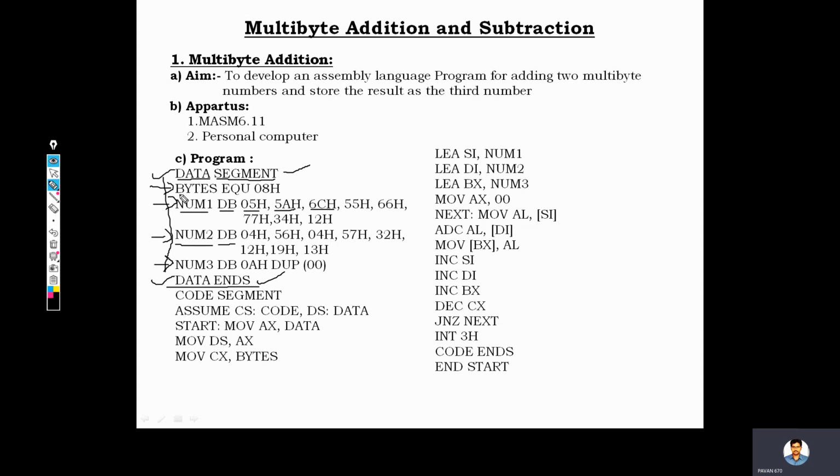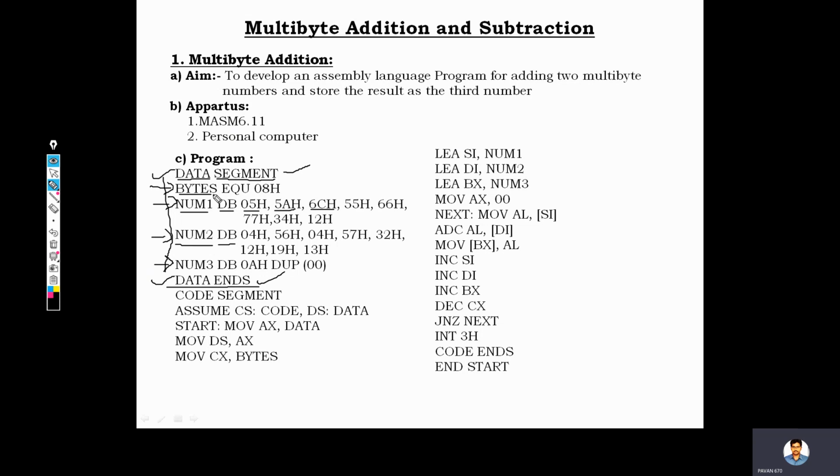Bytes is a variable I am using to identify how many elements are used inside an array, either num1 or num2, or even the result array. This bytes variable will be helpful in tracking how many values have undergone the addition and how many still need to be added.